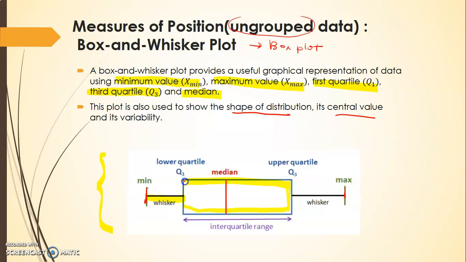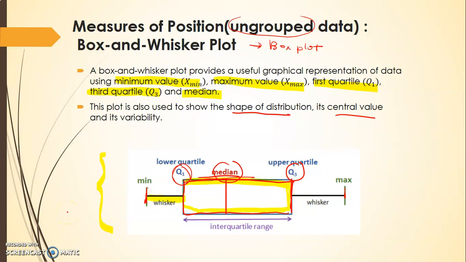As for this rectangular box, this value here is the value of the Q1. The middle value is the value of the median. And the end line here for this rectangular box is the value for the third quartile.